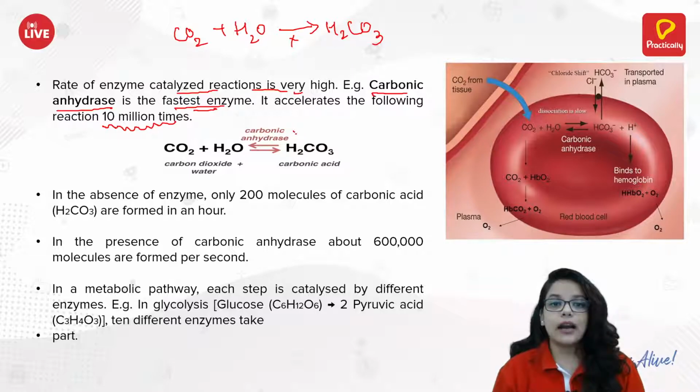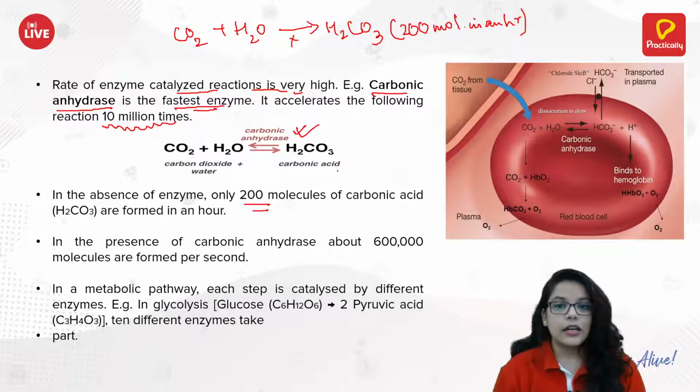But suppose in the absence of carbonic anhydrase, just around 200 molecules are formed in an hour. But when it is present, around 600,000 molecules are formed in an hour.